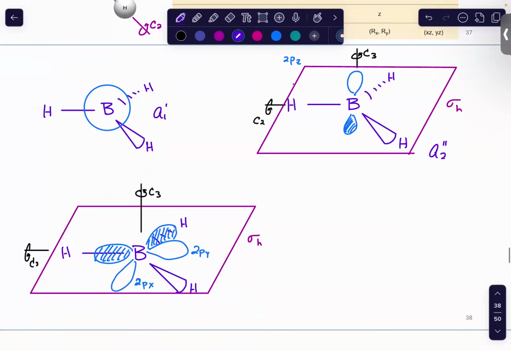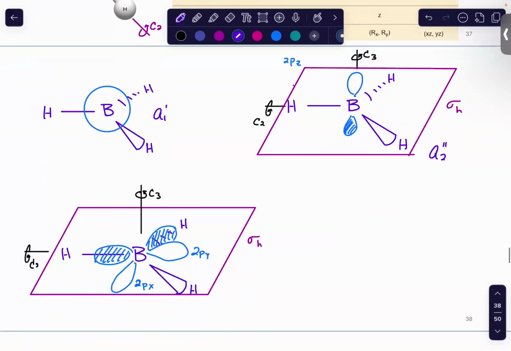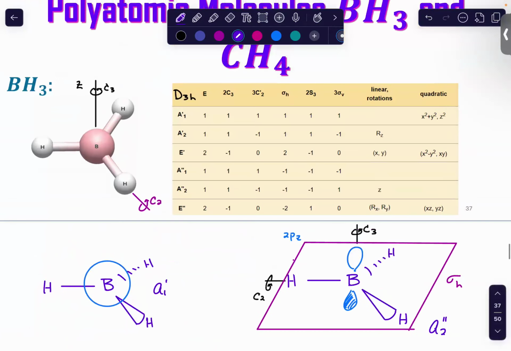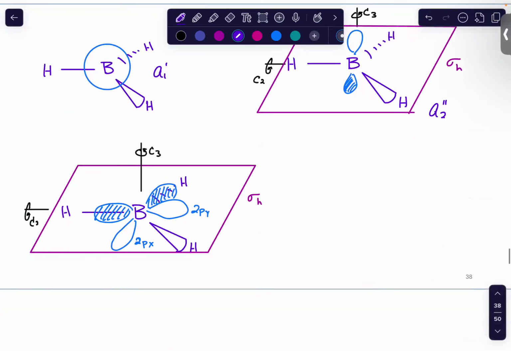The first thing I want you to look at so you can get the C3 character, I have two of those together. What do you think this is going to have to be? -1. So yeah, your C3s will be a -1, but I have both the px and the py together. So look at your character table. Is it going to be one of the E's? Yeah, it's going to be one of the E's.